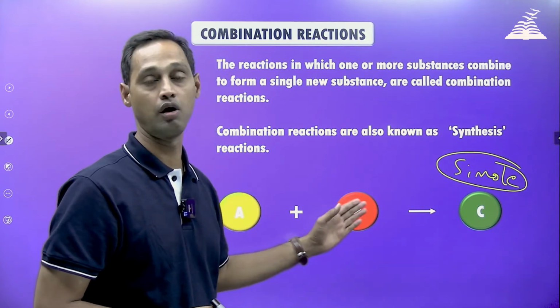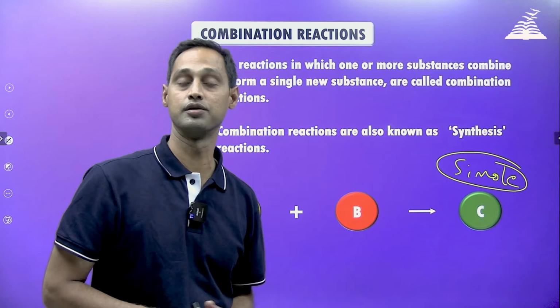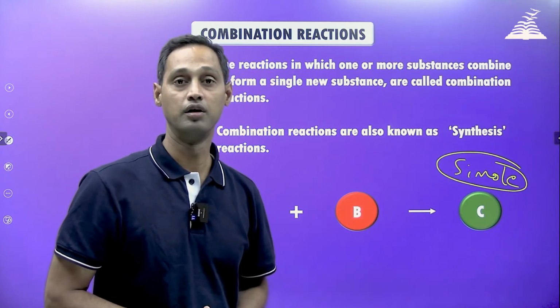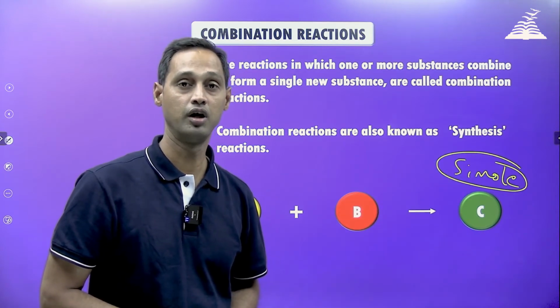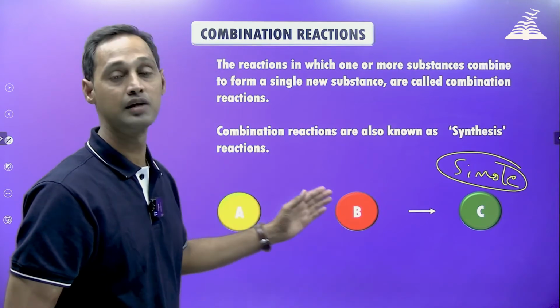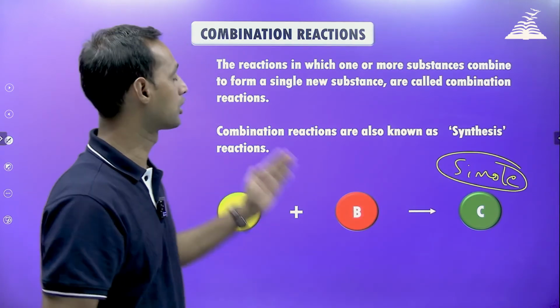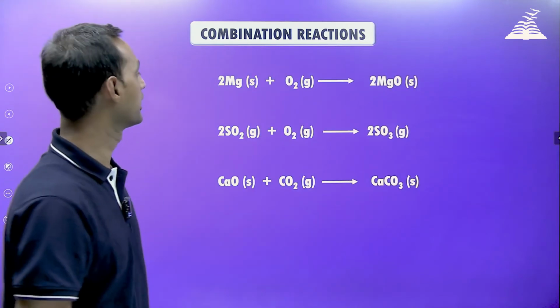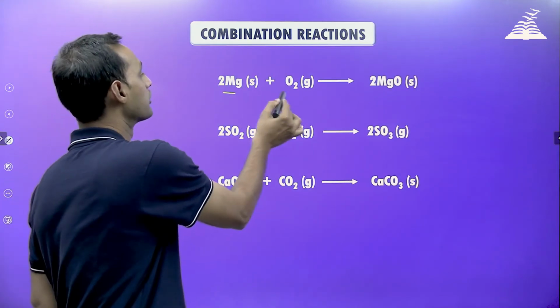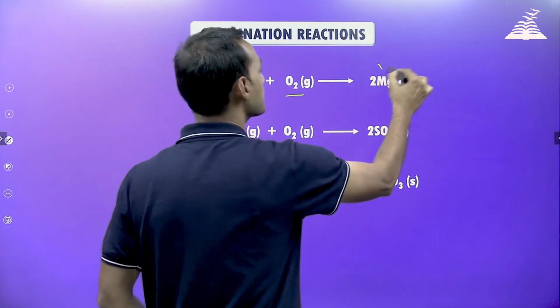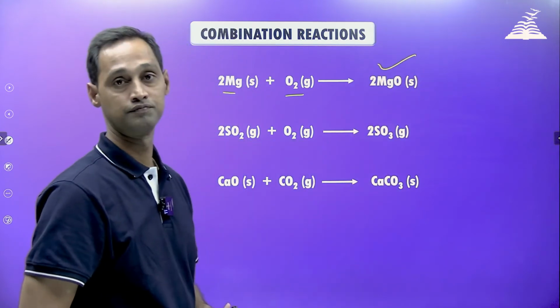Combination reactions are also called synthesis reactions because a new substance is synthesized in the reaction. Right? So here a single substance is formed in combination reactions. We will take a look at examples. See here, magnesium reacting with oxygen to give magnesium oxide, a single substance is formed, combination.